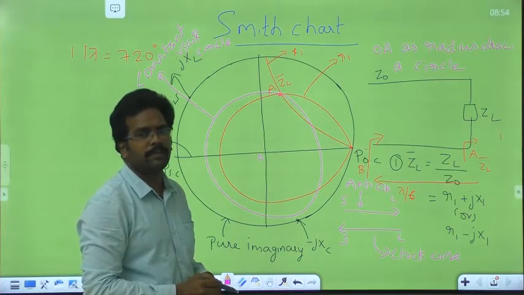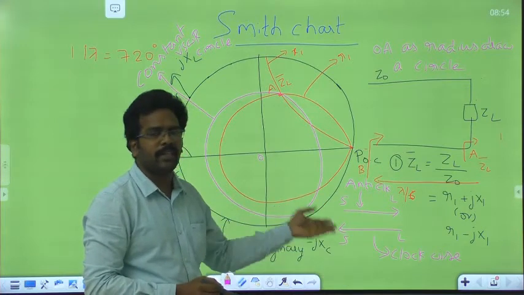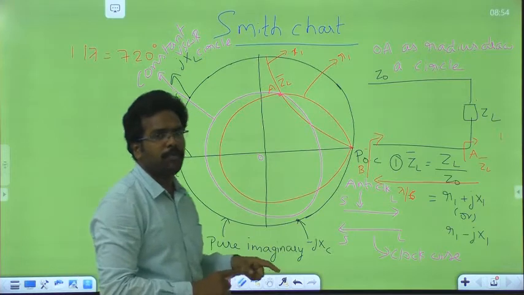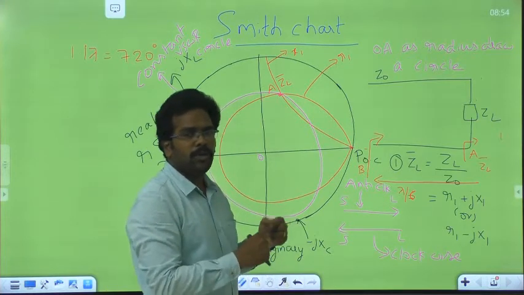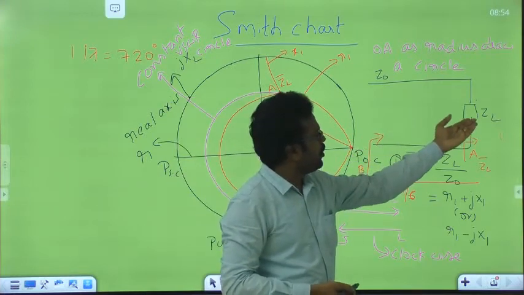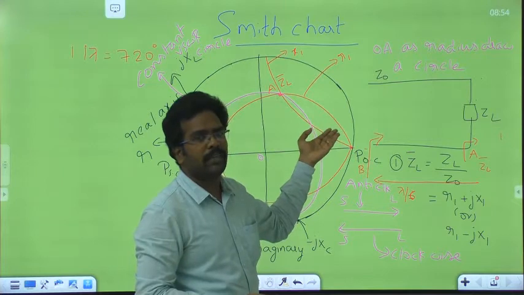This you have to remember, because if you make any mistake on this point, you may get wrong answers. So in this case we are moving from load to source, because we want to find the input impedance at the source side.